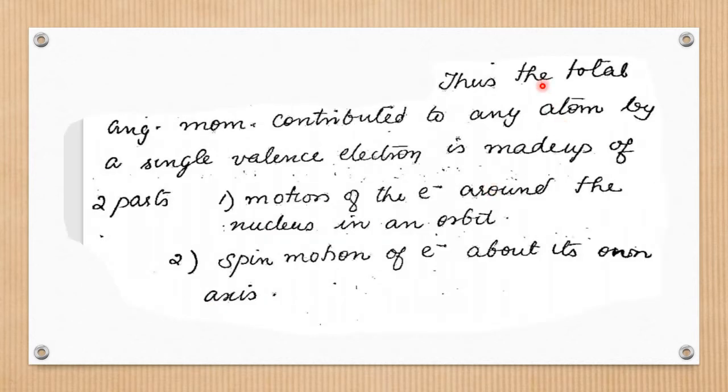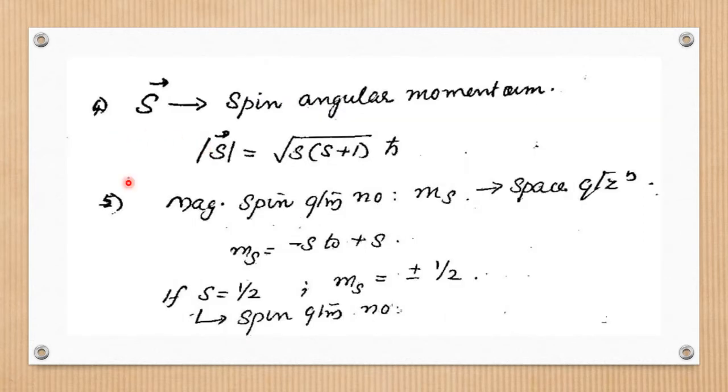Thus, the total angular momentum contribution to any atom by a single valence electron is made up of two parts. The first is the motion of the electron around the nucleus in an orbit, and the second is the spin motion of the electron about its own axis. So these two contribute to the total angular momentum.